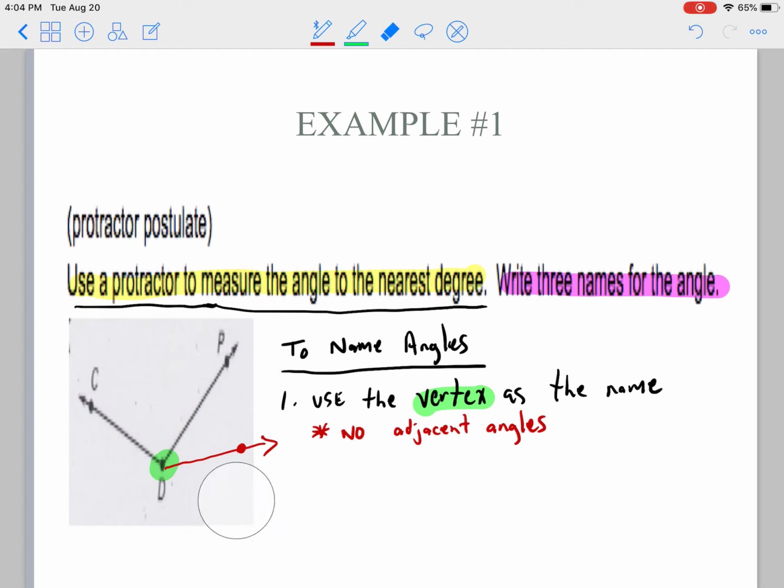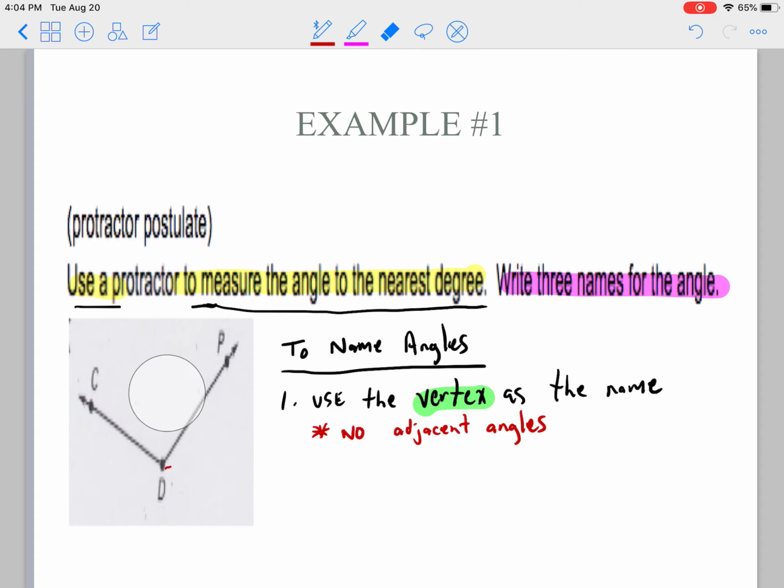This was point E. I cannot use vertex D as my angle name because you don't know if I am referring to this angle D or this angle D, because both technically have the same vertex. So if there are adjacent angles, I can't use the vertex name.